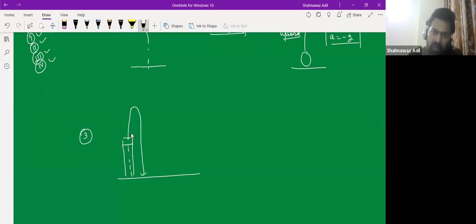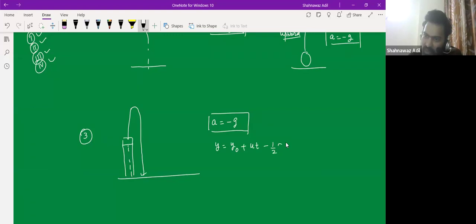For this scenario, your h is positive, or everything is positive, only acceleration is again negative, but you have to use this equation. Your y is y naught plus ut minus half gt squared. This is the thing you have to use.